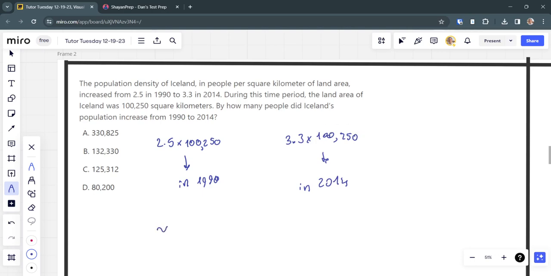So really what we're doing is kind of equivalent to 330,000 minus 250,000, right? And 330 minus 250 is going to give us something like 80,000. And just to make sure, we can check on our calculator, but I'm pretty sure the answer should be D then. That's the closest one that we get to 80,000.